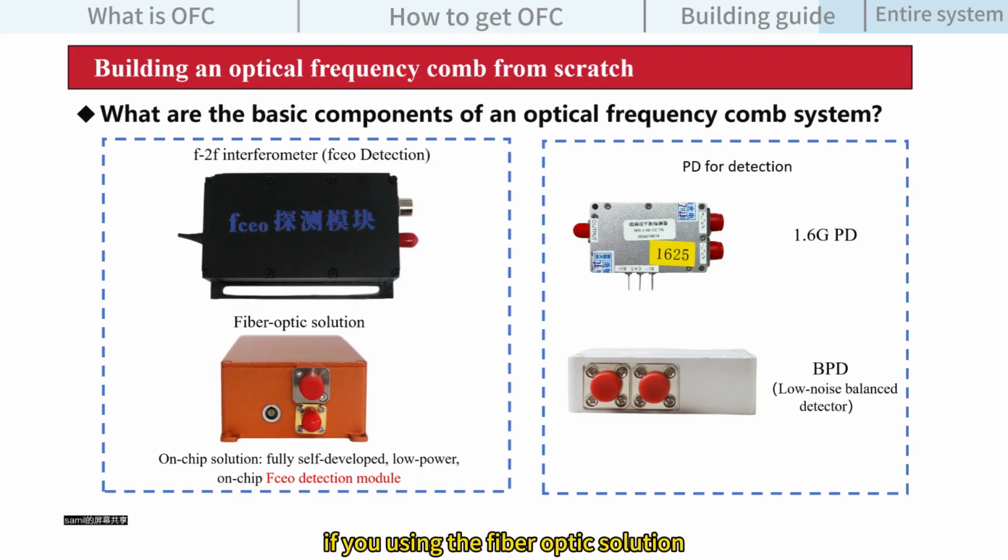For example, if you're using the fiber optic solution, you will need a pulse energy above 2 nanojoules. But if you're using such an on-chip solution, you only need 0.3 to 0.5 nanojoules. So it will lower the power.